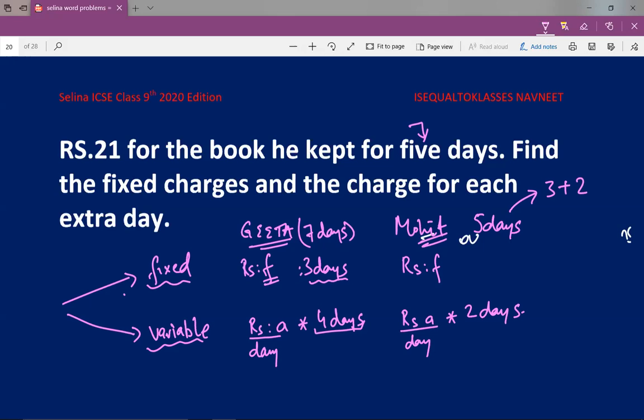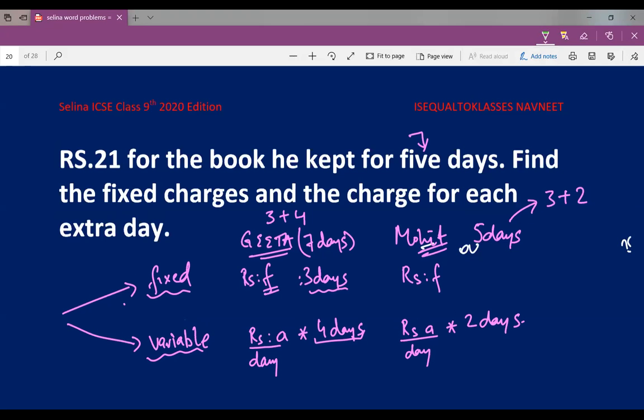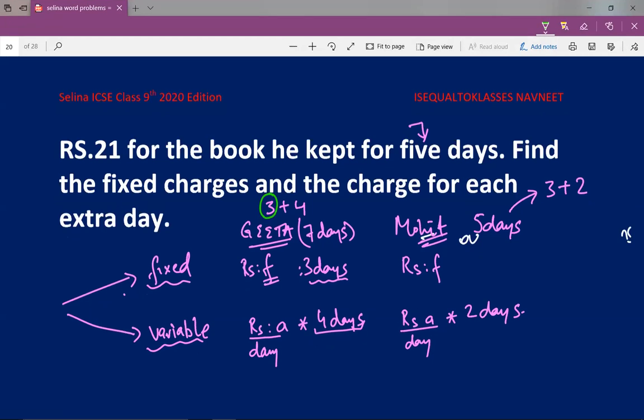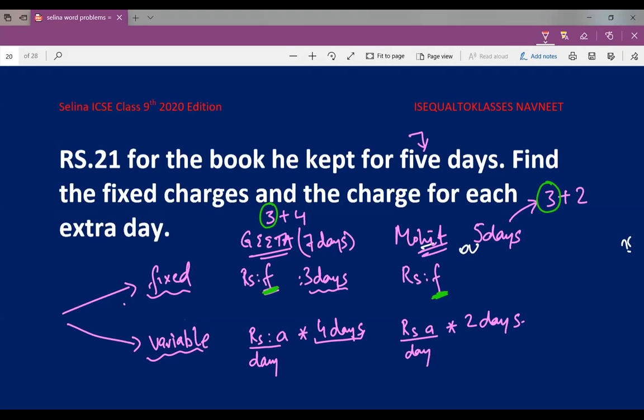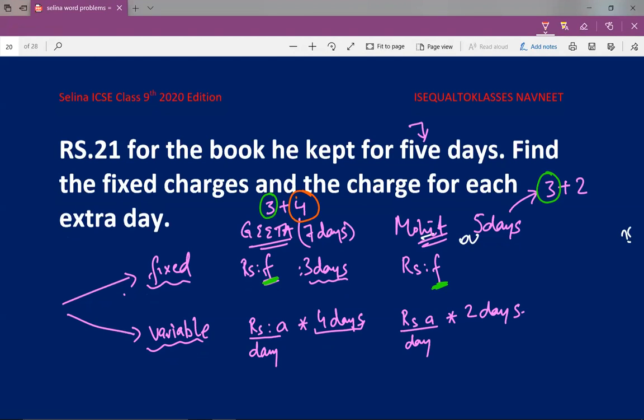Geeta's 7 days can be broken into 3 plus 4. And I'll again try to emphasize 3 is the fixed component. Here the charge is rupees F. The additional charge per day comes from this component.